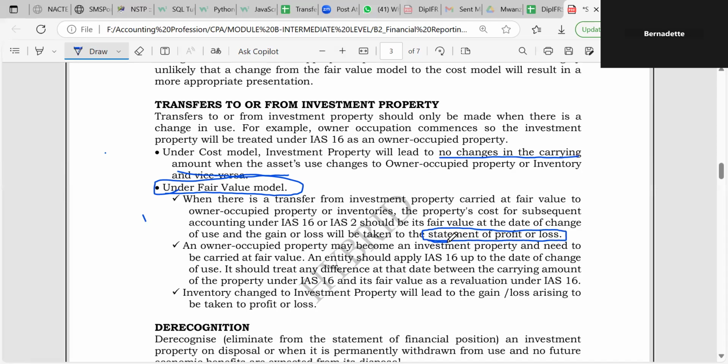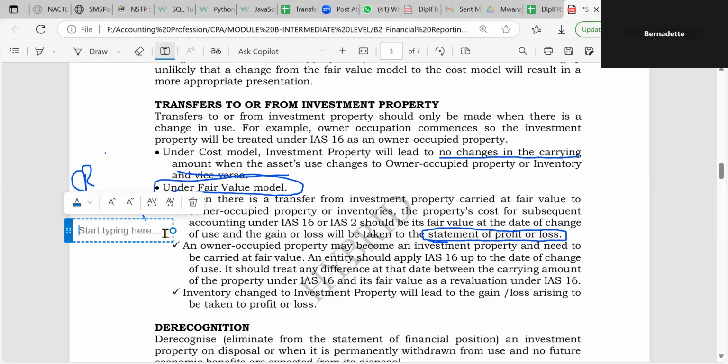And that's why I told you, if you had the investment property maybe at 40, I'll have to remove it by crediting investment property by 40. And then let's say I'll be recognizing, let's say it's PPE or maybe it's inventory, whatever.